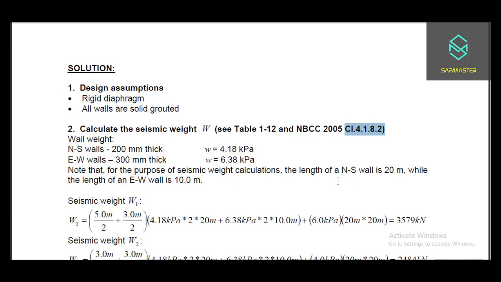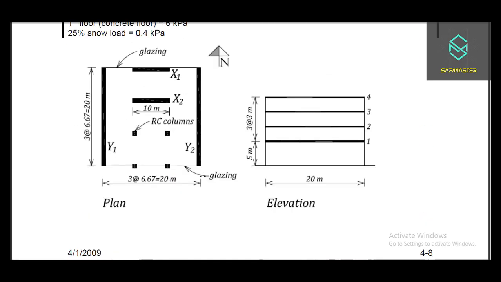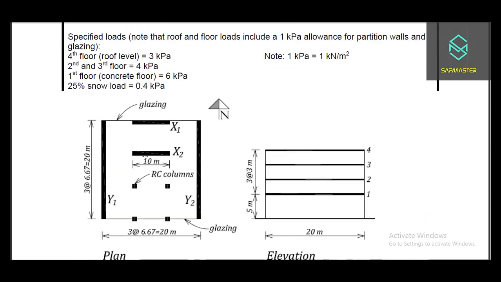The length of the north-south wall, as you can see here, is 20 meters, and the length of the east-west walls is 10 meters.